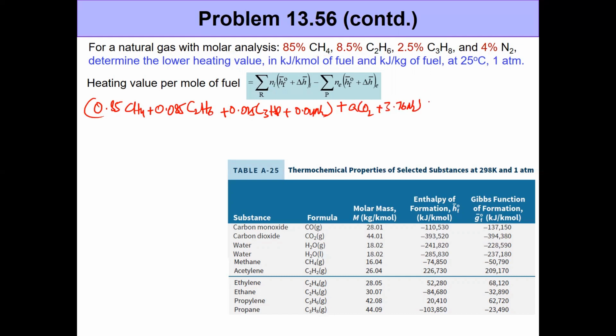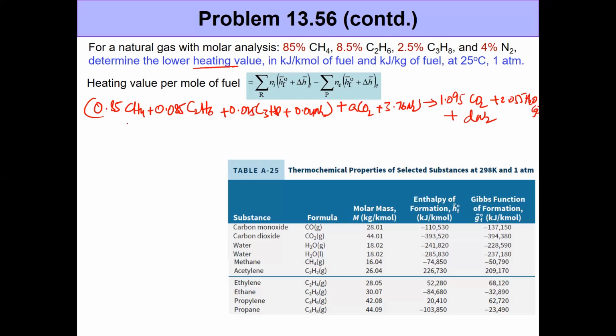Okay, and this is going to give us 1.095 moles of CO2 plus 2.055 moles of water. And here we're looking at water in the vapor phase simply because we're looking at the lower heating value. Okay, plus D times N2.